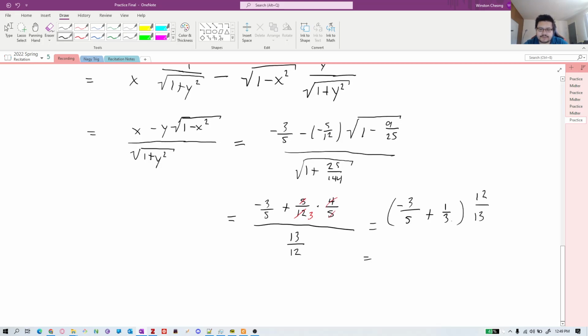And now let's see. Common denominator is 15. You have -9 plus 5 over 15 times 12 over 13. The most I can do is cancel the 3's out of this. 4 and 5. -9 plus 5 is -4.